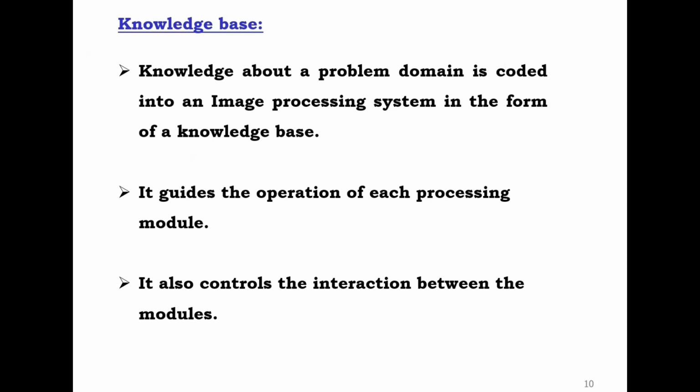So if you are working on a problem domain, the entire information about it is first coded into the image processing system as a knowledge base. This knowledge base guides the operation of each processing module, and it also controls the interaction between the modules. So this is about the fundamental steps in digital image processing and the basics of digital image processing.